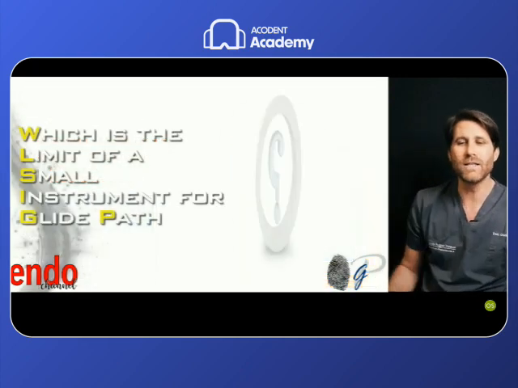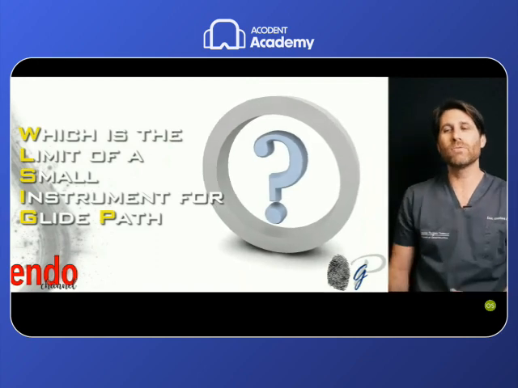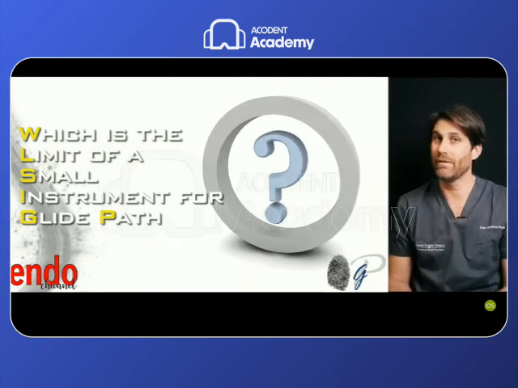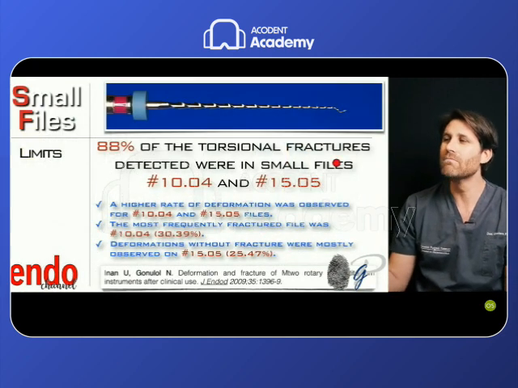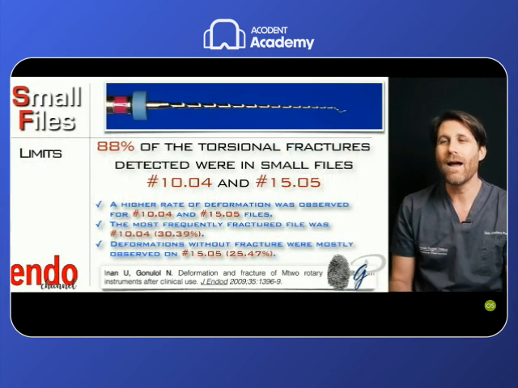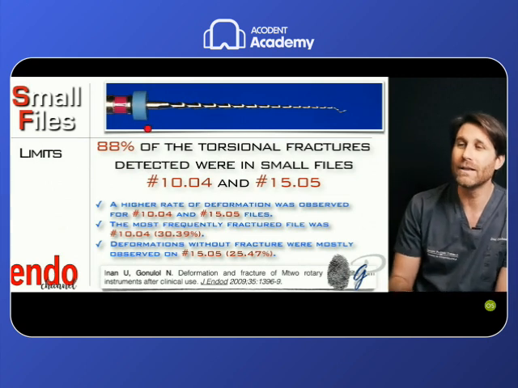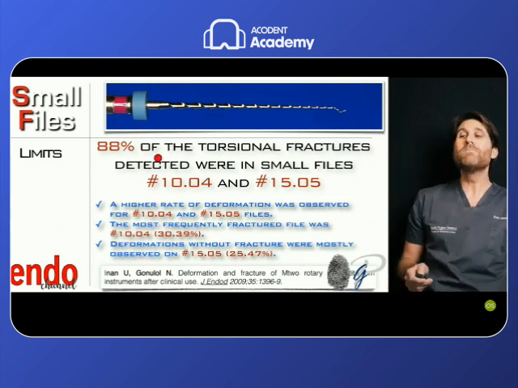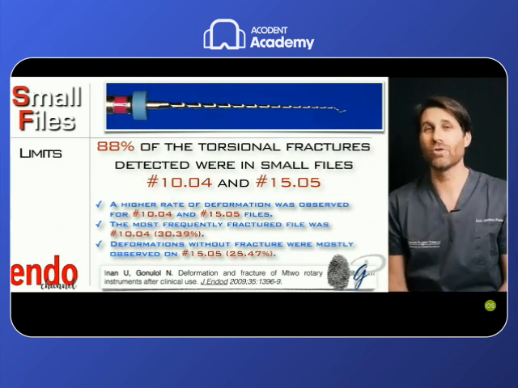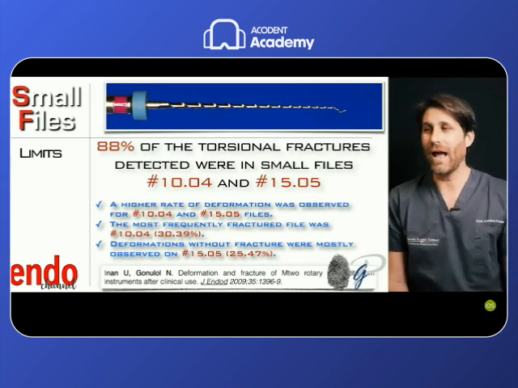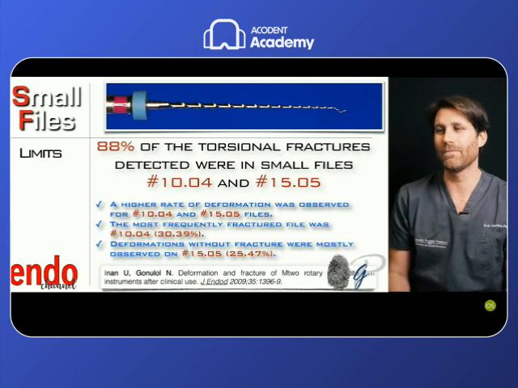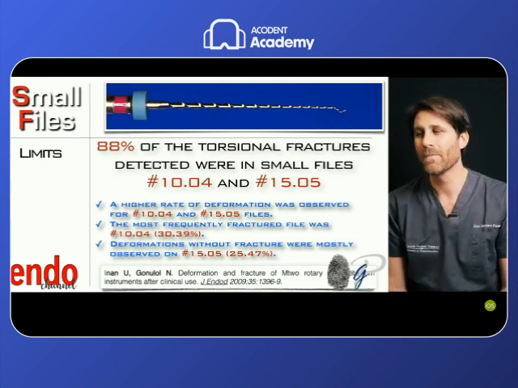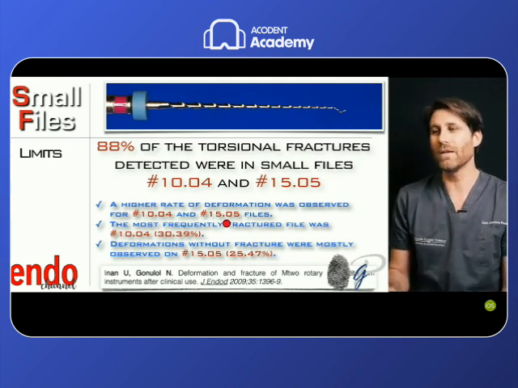So what is the limit of a small instrument for scouting and the glide path? The limit is obviously the small, delicate tip. In fact, in this study, 88% of the torsional fractures detected were in small tip size files, 10/04 and 15/05, which had a higher rate of deformation and were the most frequently fractured and deformed.